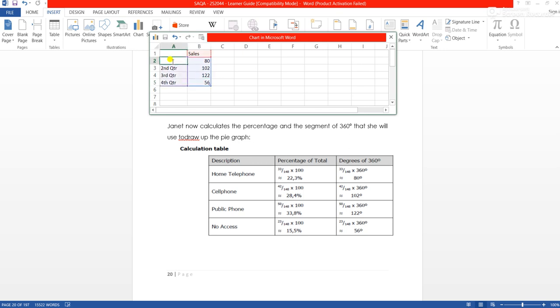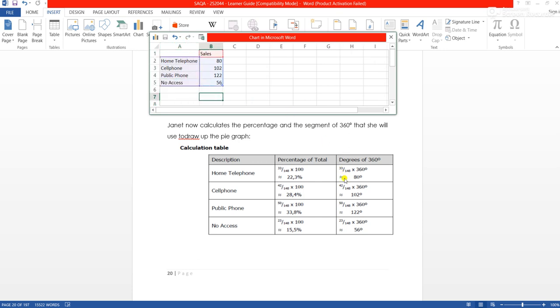Let's just rename these to home telephone, cell phone, public phone, and lastly no access. So let's do this, much better.